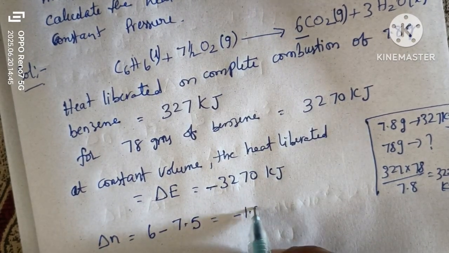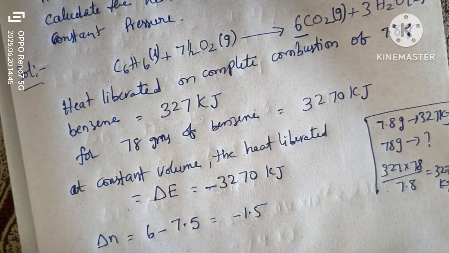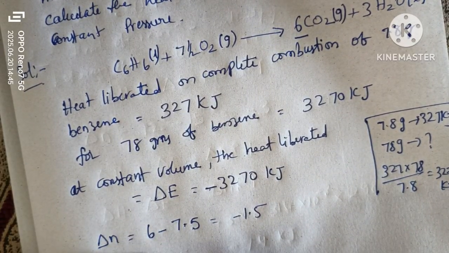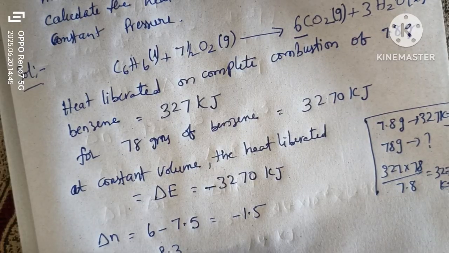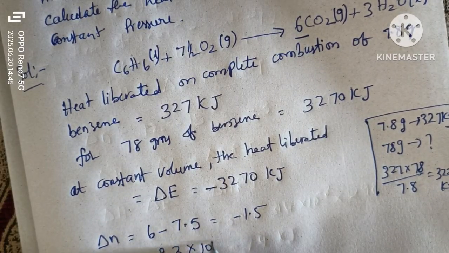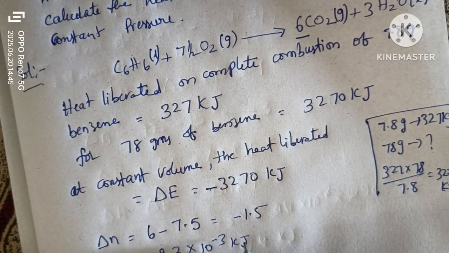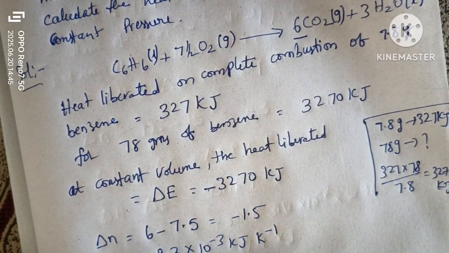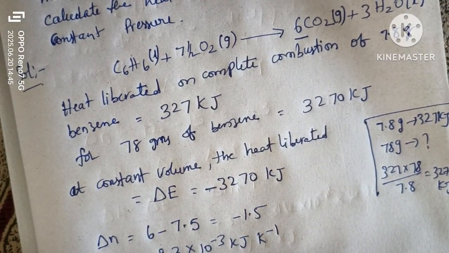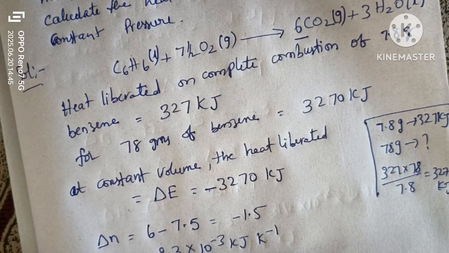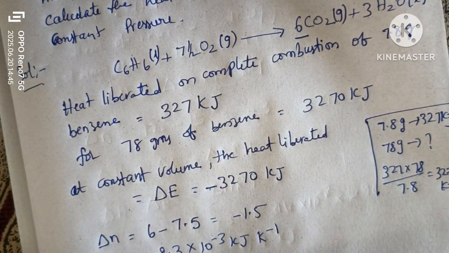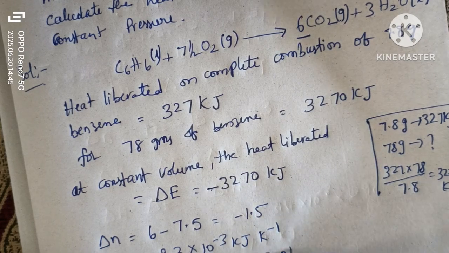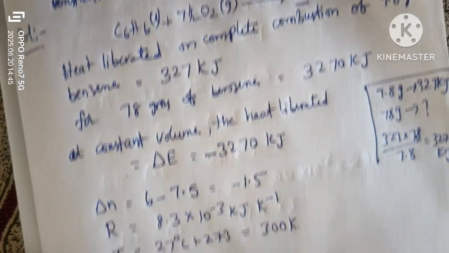That is minus 1.5. Here R is equal to the universal gas constant, that should be 8.3 into 10 power minus 3 kilojoules Kelvin inverse, and the absolute temperature is given by 27 degrees centigrade, that should be added to 273, that will give us 300 Kelvin temperature.